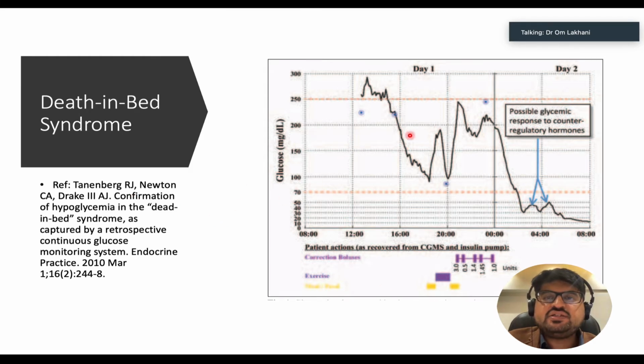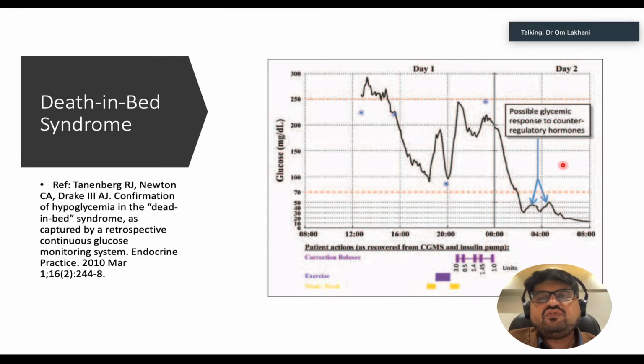I've just taken one screenshot of one very terrifying picture. The problem here is that this person's life could have been saved if this was a real-time CGM, where you could have got a warning straight away saying that the patient is going towards hypoglycemia. The patient would have woken up and taken counter-regulatory measures, and perhaps a death could have been averted.